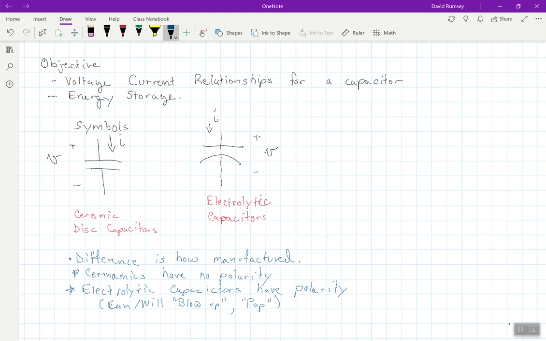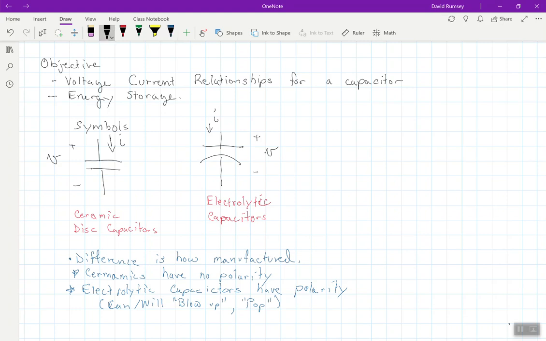They can, or will, blow up or pop if you put them in the wrong way. And sometimes even putting them in the right way, you can pop them if you exceed their voltage rating. So for ceramic disc capacitors, it doesn't matter how you put them in. For electrolytic capacitors, it does matter.